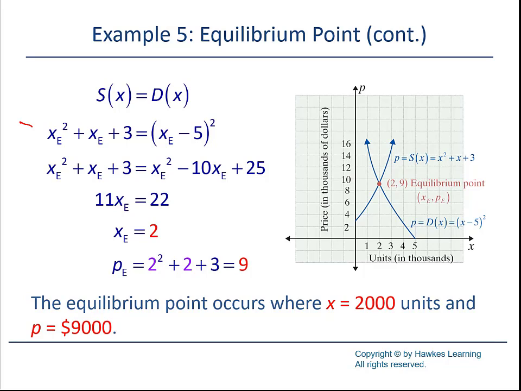So here we've got both those functions set equal to each other. We expand the right-hand side. Fortunately, in this one, the x squares cancel each other out, subtracting x squared from both sides, they're gone.